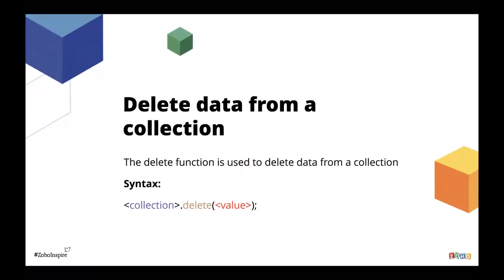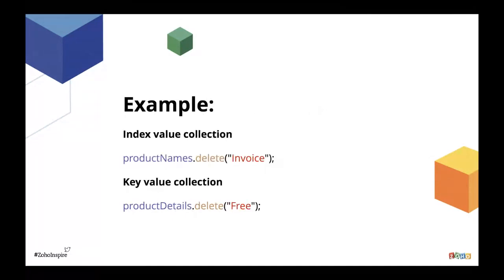Now let's see how we can delete data from a collection. Here we make use of the delete function, and we make use of the actual value and not the index or the key. So the syntax is collection variable dot delete and then the value.